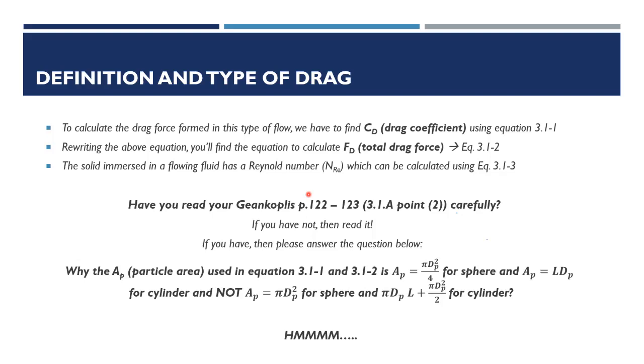Why not pi times the diameter of the particle squared for a sphere, and pi dp L plus pi dp squared over 2 for a cylinder?